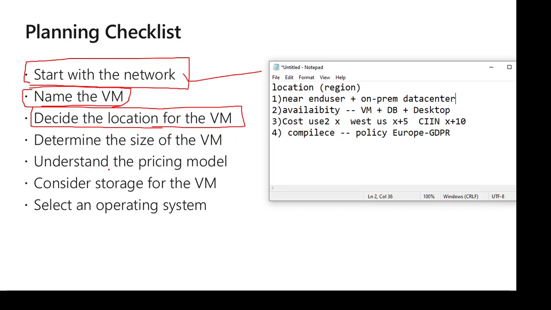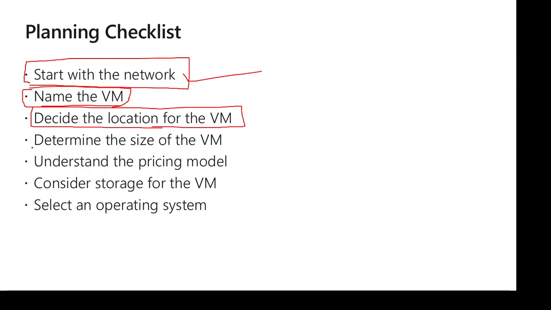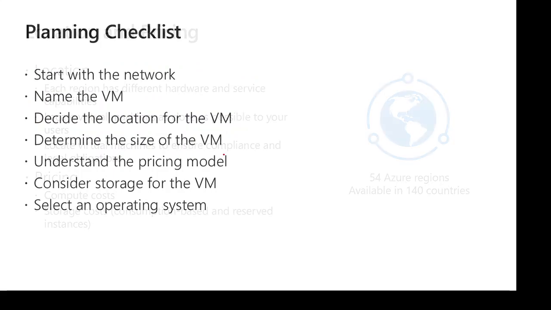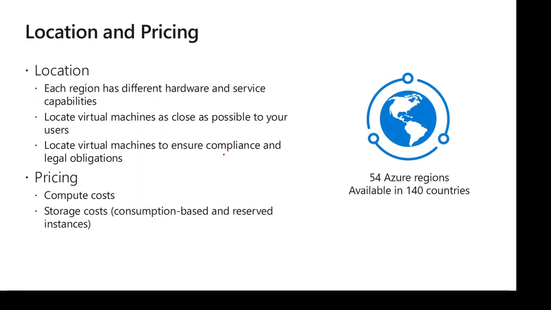All right, guys. Next, after location we need to look at sizing. Let's move on to understanding location and pricing, and we'll see sizing later. Each region has different hardware, services and capabilities. That's why we need to look at locations. Locate virtual machines as close as possible to your users.